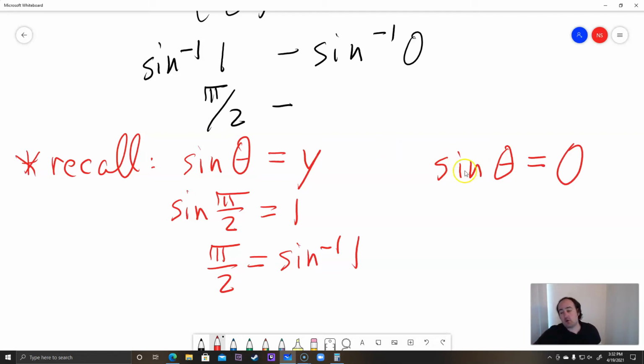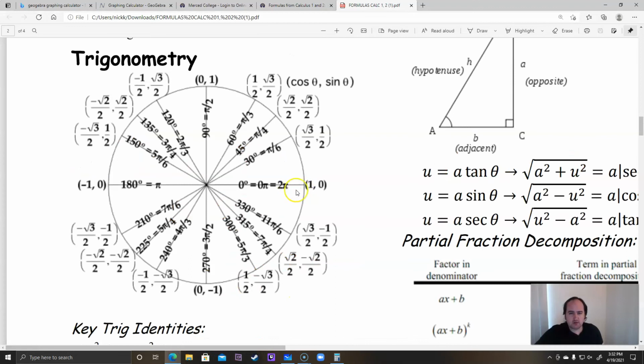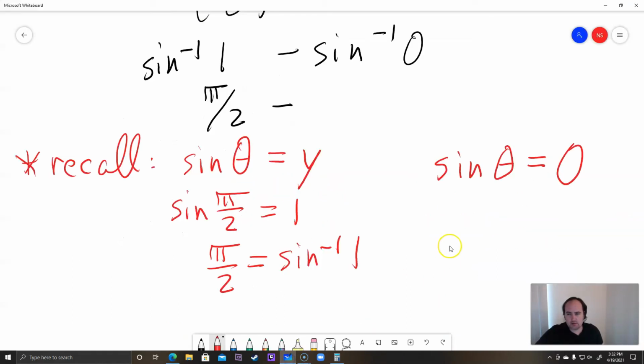Okay, so what value of theta is going to give us 0 for y? Well, if we look at our unit circle, we can see that y is 0 when the angle theta is 0. So that's right here. Okay, so if sine of theta equals 0, that means theta actually has to be 0 as well.